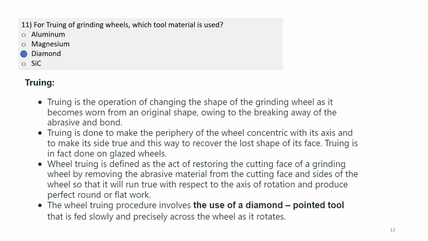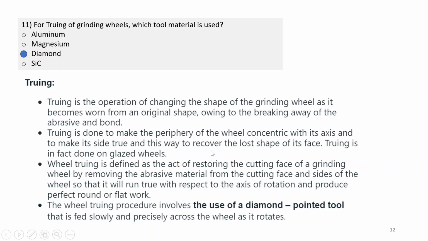Truing is the operation of changing the shape of a grinding wheel as it becomes worn from an original shape owing to the breaking away of the abrasive and bond. Truing is done to make the periphery of the wheel concentric with its axis and to make its side true, and in this way to recover the lost shape of the face.